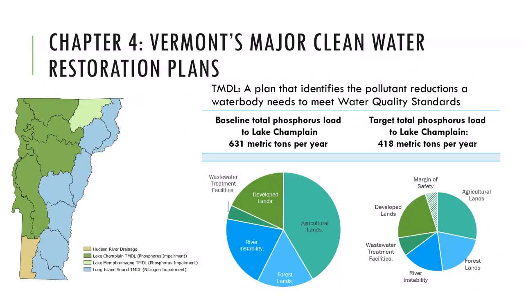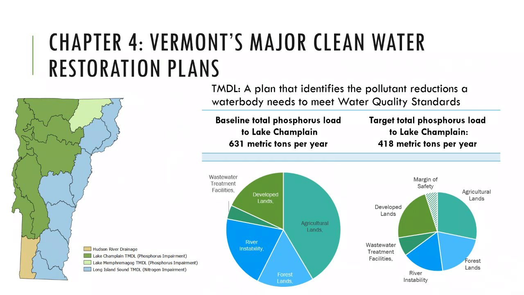The third thing that chapter 4 refers to is Vermont's major clean water restoration plans, or sometimes they're known as TMDLs. So TMDL, which stands for Total Maximum Daily Load, is the maximum amount of pollutant that a water body can receive and still meet water quality standards.